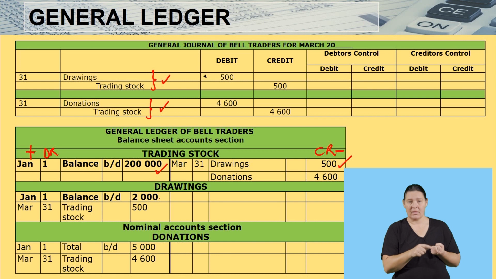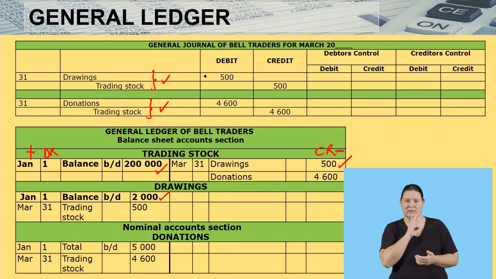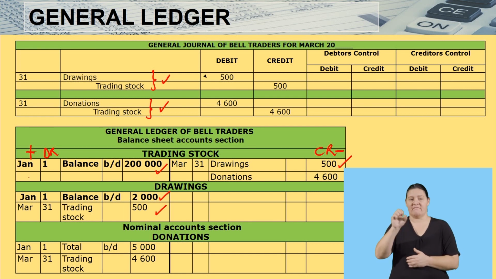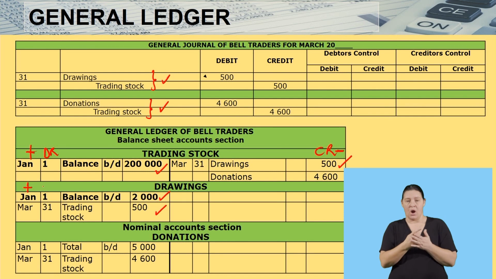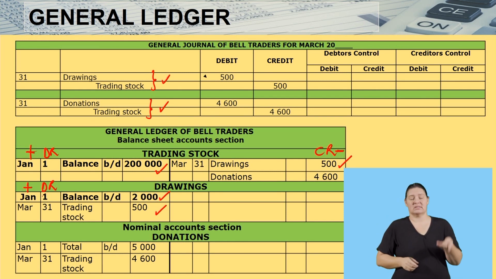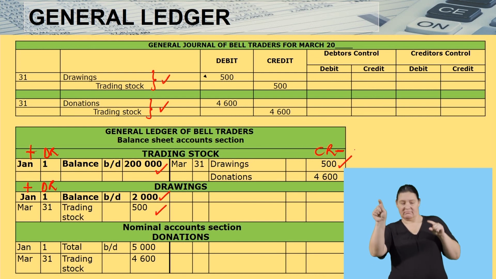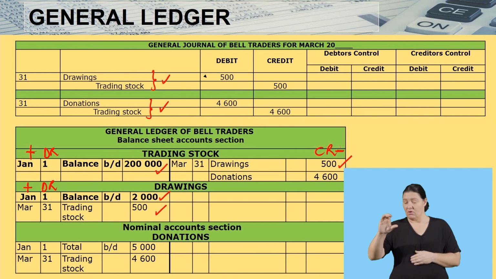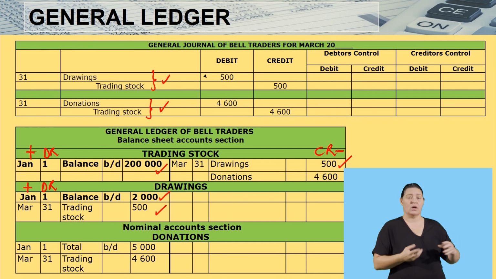I already had a balance of 2,000, the drawings that were previously taken. Now, I have now taken 500. So you see, that my drawings is increasing now on the debit side. In this case, I have completed my double entry. I have credited my trading stock account, which is an asset. I have then debited my drawings account.